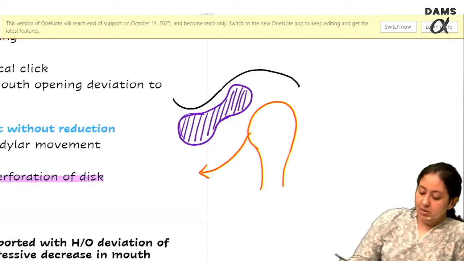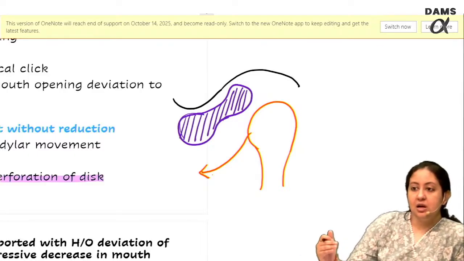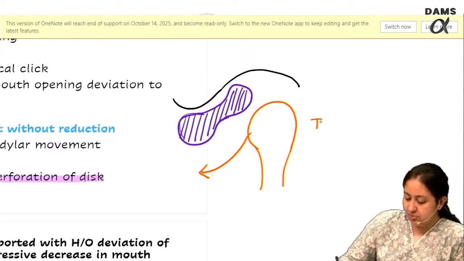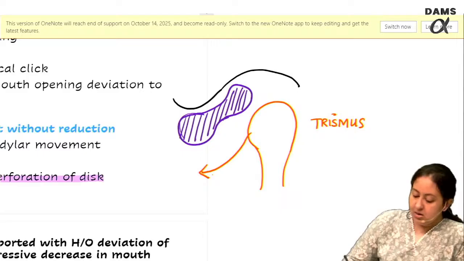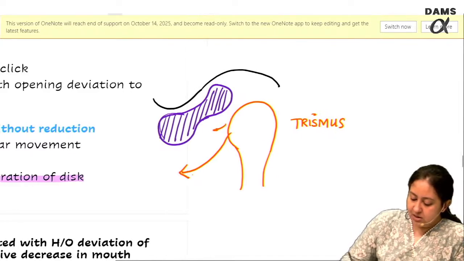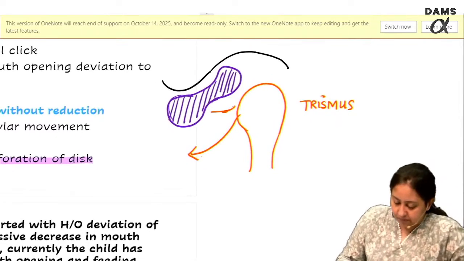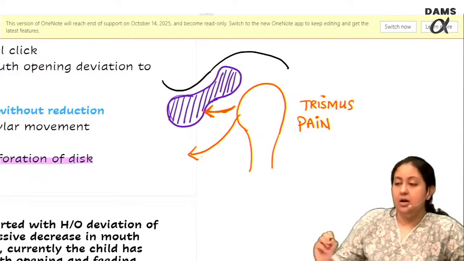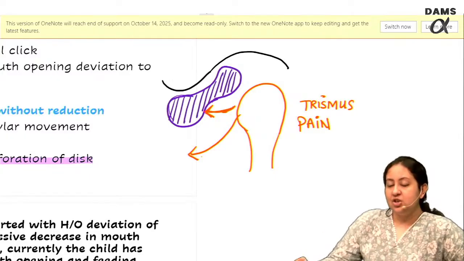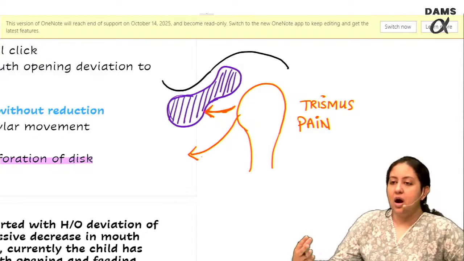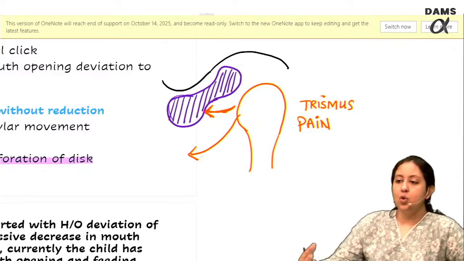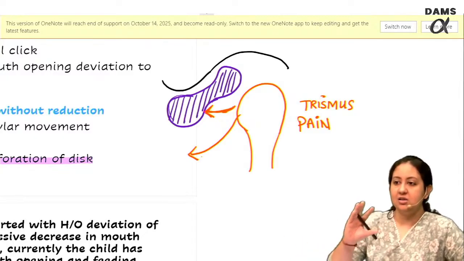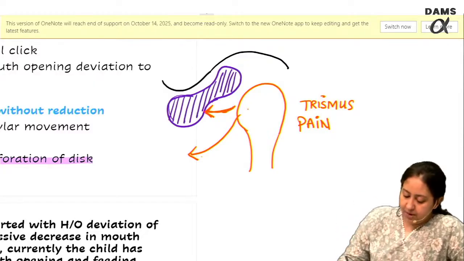So when the mouth is opening, because the disc is limiting the condylar movement, there is trismus. When the condyle hits the disc repeatedly, it comes in contact with the disc repeatedly, there is pain. Now, if a patient is trying to continuously force open the mouth wider against this disc, what will happen?